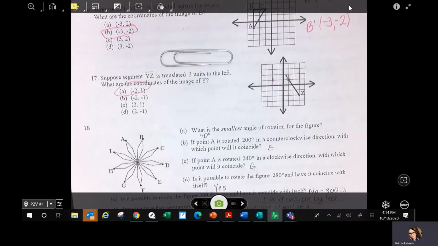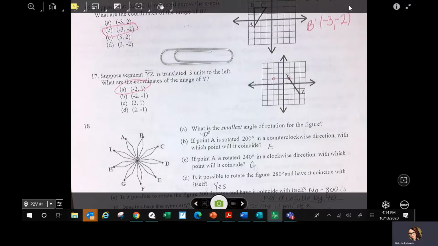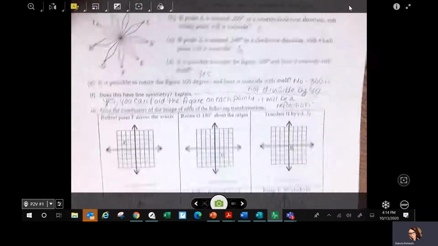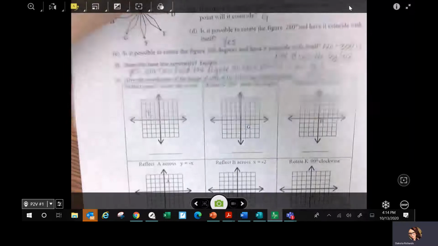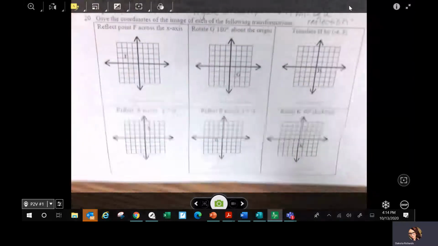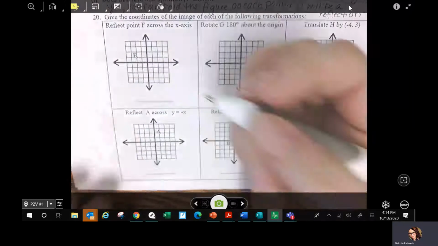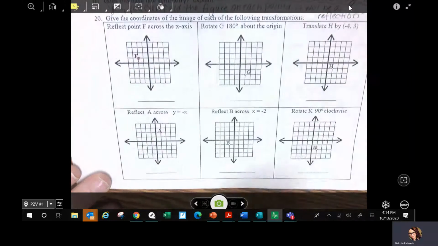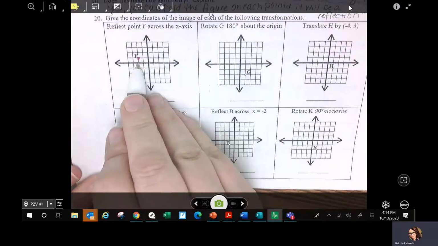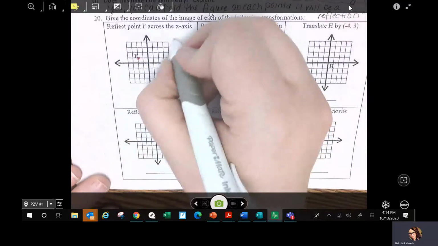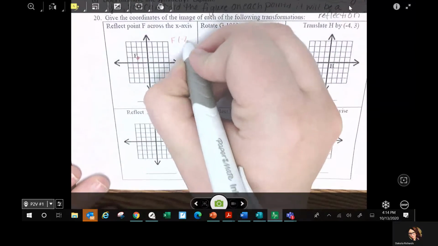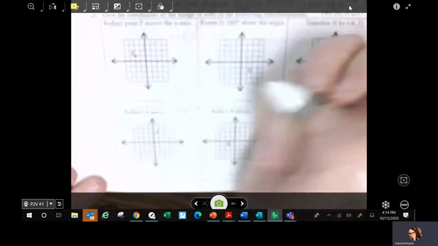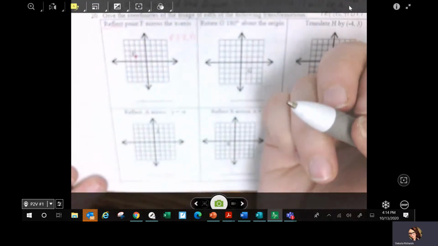All right, I did 18 for you. And then on 20, I guess 20 had multiple parts. What you have to do on number 20, you have to do what the directions tell you. So for number 20, you're taking point F, which looks like it's at (-2, 1). And you are reflecting it across the x-axis.